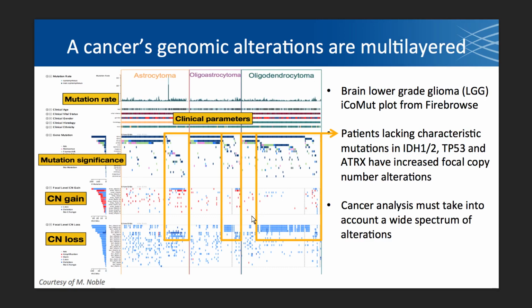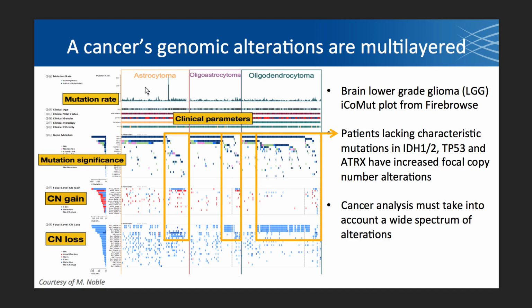It's called an iCoMut plot from firebrowse.org. And you can actually go in and browse their data and make such plots for whatever cohort you are interested in for this project. You can see that they've subdivided the cohort into some different stages of the brain cancer. Each column represents a cancer patient.